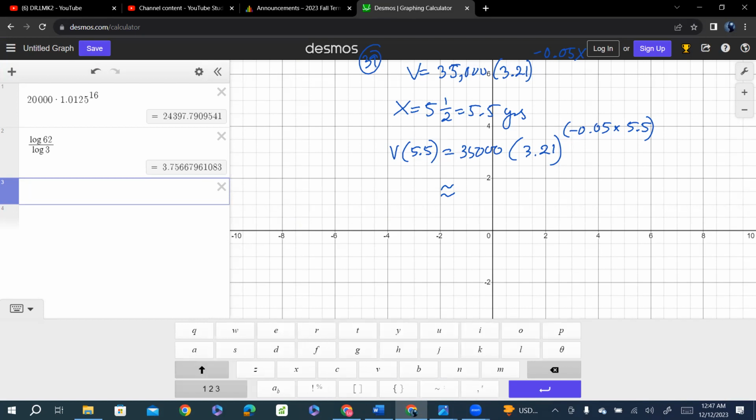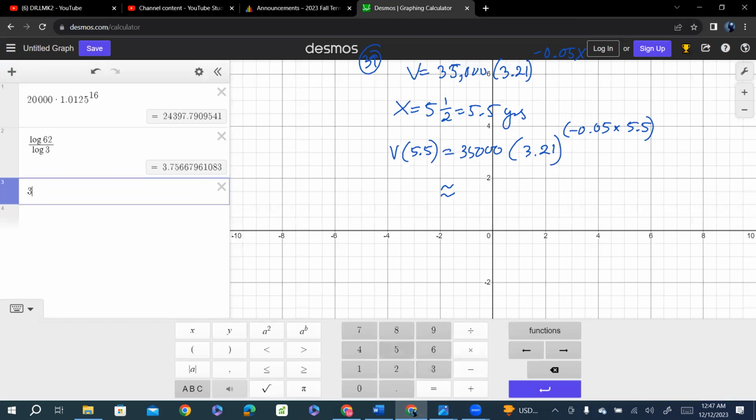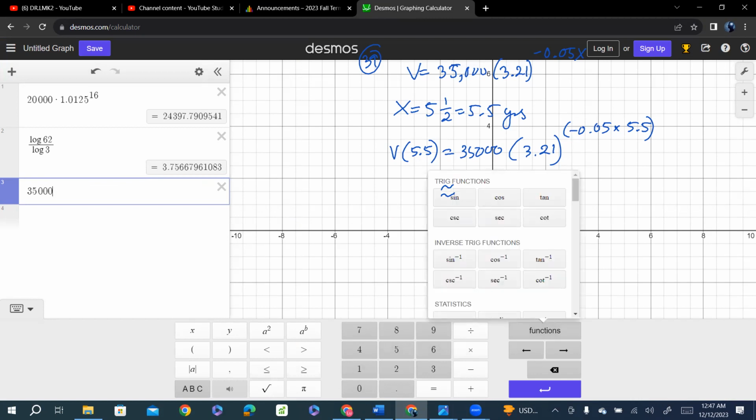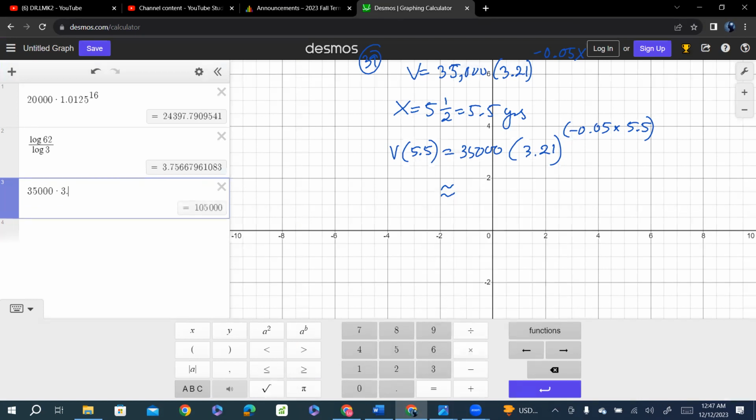So we get 35,000 times, parentheses, 3.21 to the power of, we need a parentheses, negative. They don't have a negative sign here. I have a minus sign. I think the minus sign should work, but let's see.